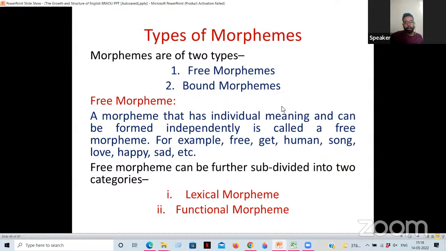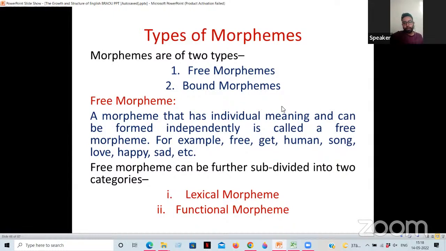Now, if they would have to depend on anything else to get a proper meaning, for example, take the example free. Free is a free morpheme. But if it would have to make another sense, another meaning, it would have to depend on some bound morpheme. As for example, freely.